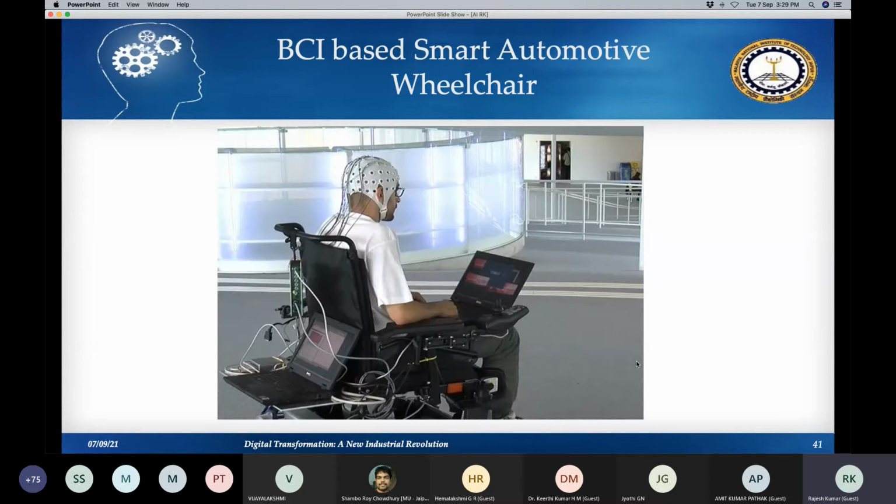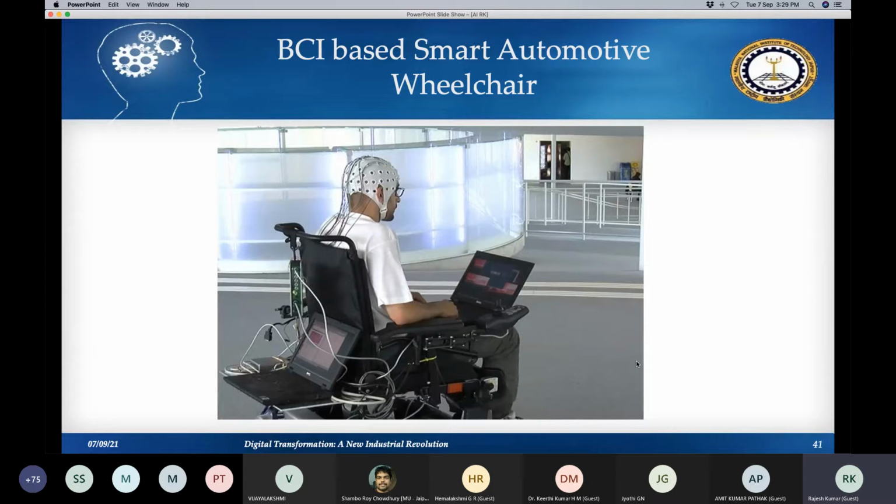This is one work which we are still working on and started long back. This one is a conceptual picture. The idea is that a person who has an active brain but the rest of the body may be suffering from paralysis or something like that can move from one place to another.